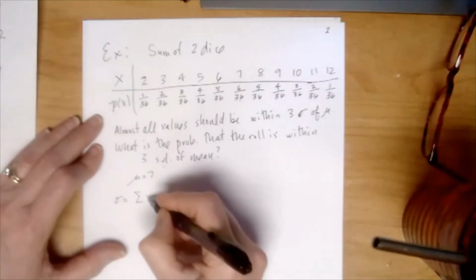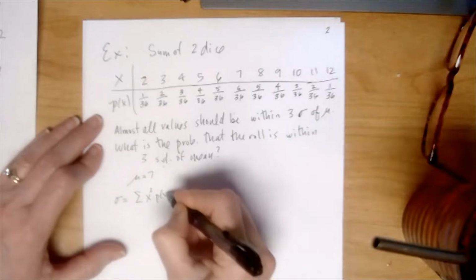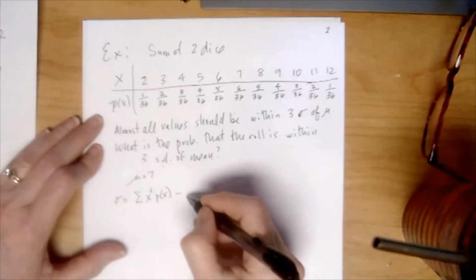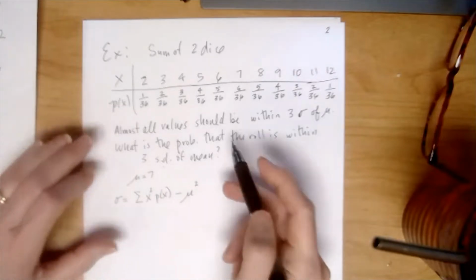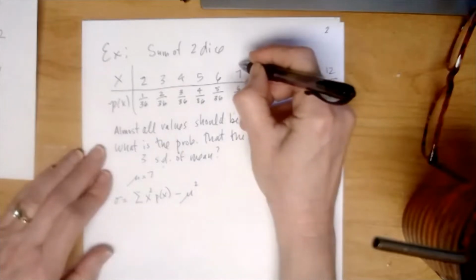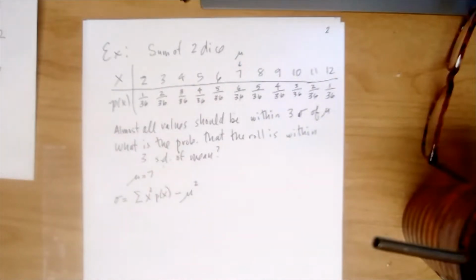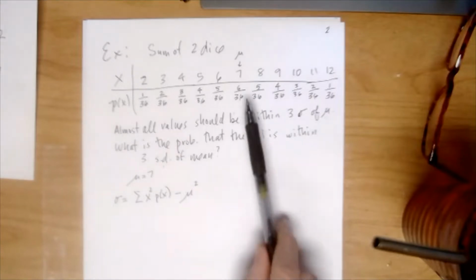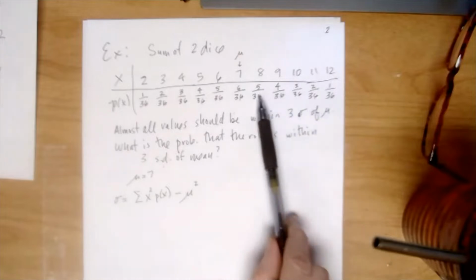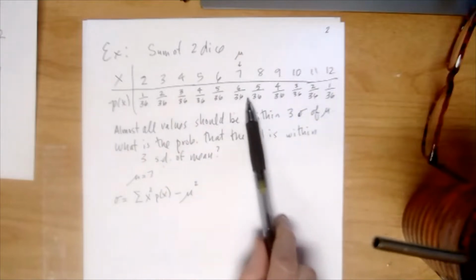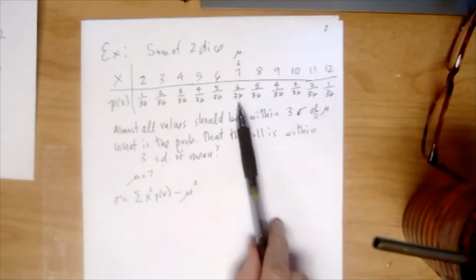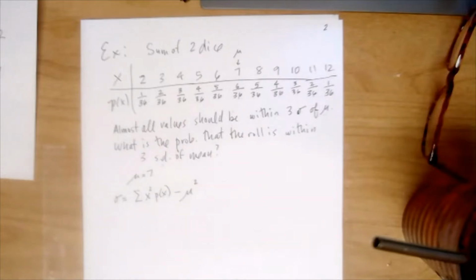So this is x squared times p of x, and then we're going to subtract mu squared. And so here's mu. That's my center. And we know that's the mean without even doing the calculation because this is a symmetric distribution. The probabilities on the left side are the same as the probabilities on the right side. So the center value is the mean.